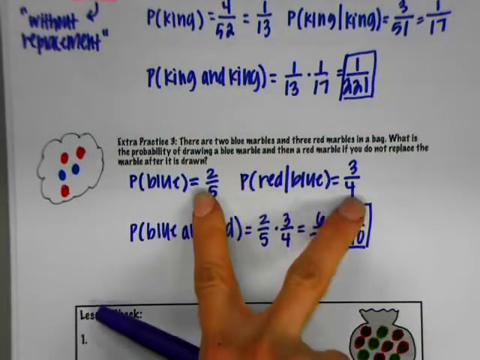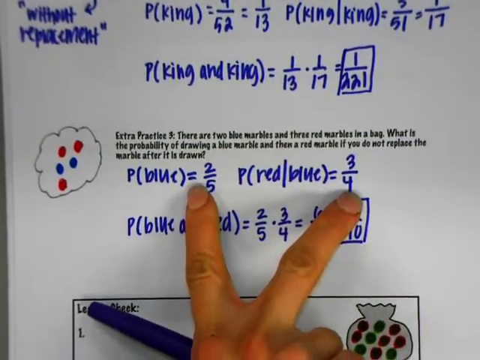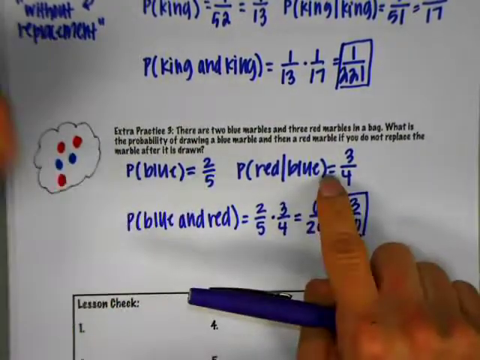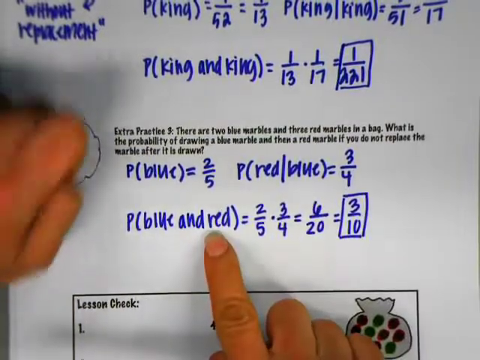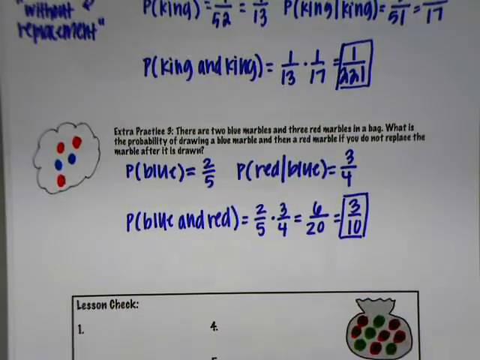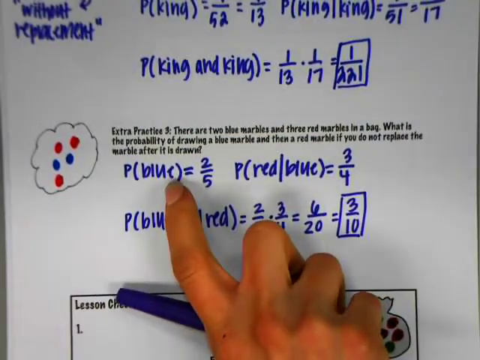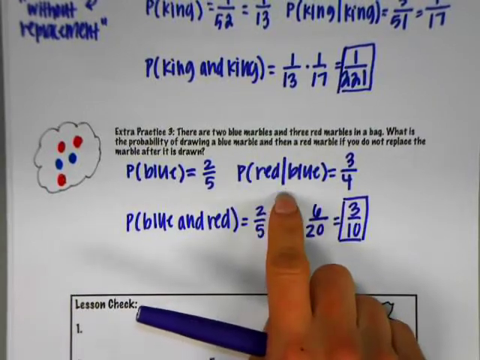So you always multiply the probabilities together. This is the probability of only the first thing happening, just drawing the blue. This is the probability of only drawing the red, but this is the probability of those two happening in order. It's red given blue, the probability of red given that you already took a blue one out. So this is the notation for all the without replacement ones.